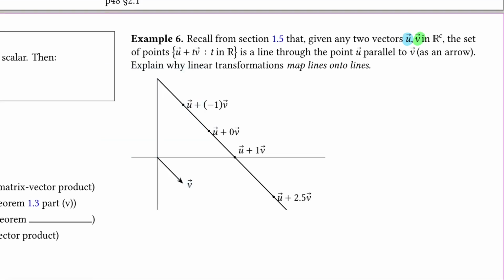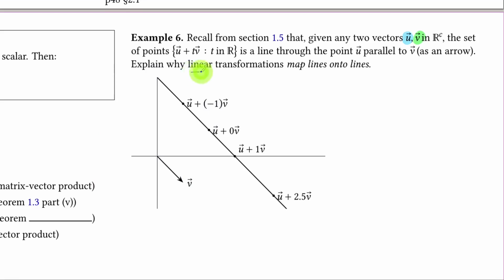So we're going to explain why linear transformations map lines onto lines. And what do we mean by that? Well, let's say you have some u and v, and we want to think of what happens when you input a point like that into a linear transformation T. The transformation here is big T. Let's call that a linear transformation.